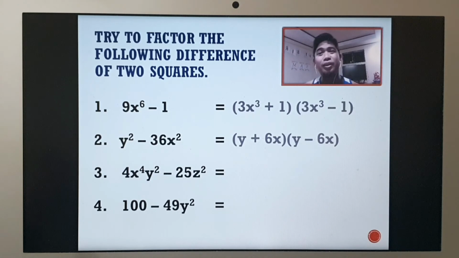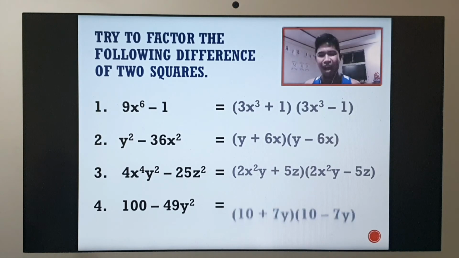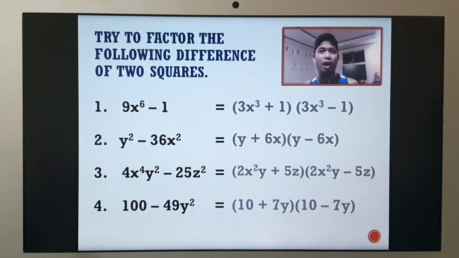Number 3. What's your answer? The answer is 2x squared y plus 5z multiplied by 2x squared y minus 5z. And number 4, your answer is correct: 10 plus 7y times 10 minus 7y.